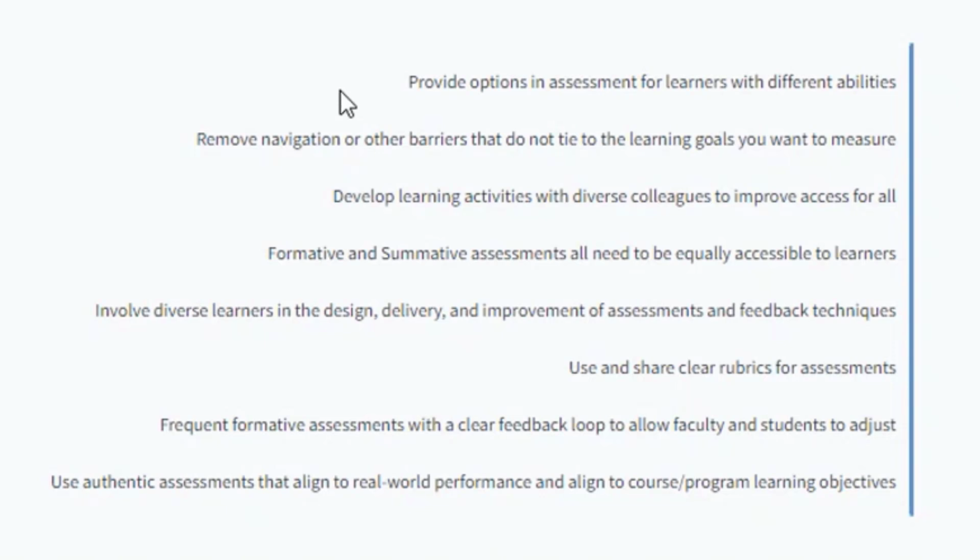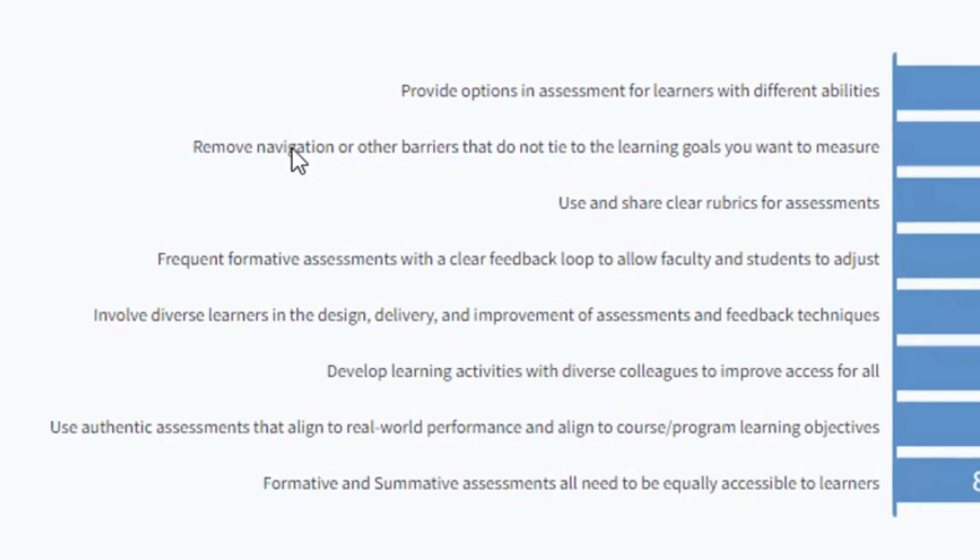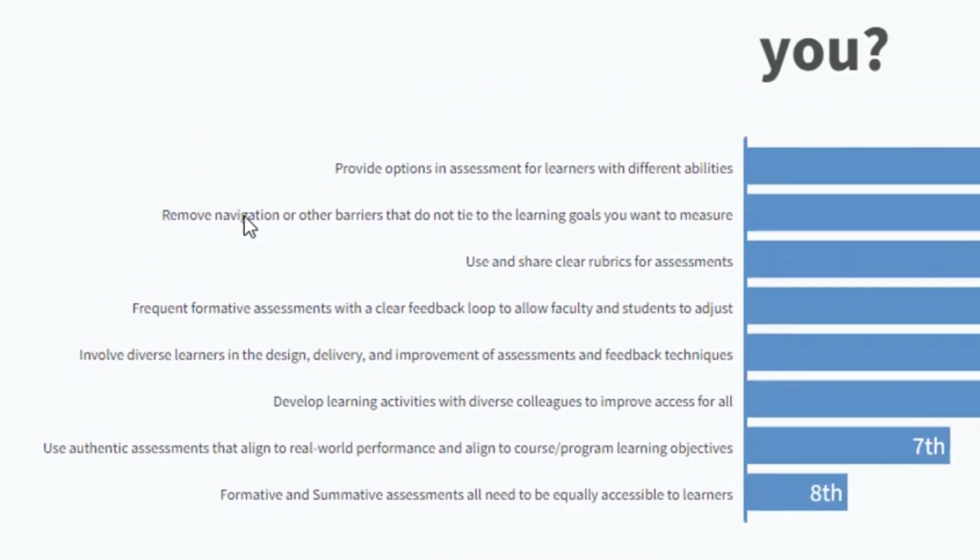That's the idea here. And these statements actually come from a variety of accessibility websites, helping us to think through the needs of different students. So providing options in assessment for learners with different abilities, and we were just talking about options. Now there's removing navigation or other barriers that don't actually tie to the assessment.